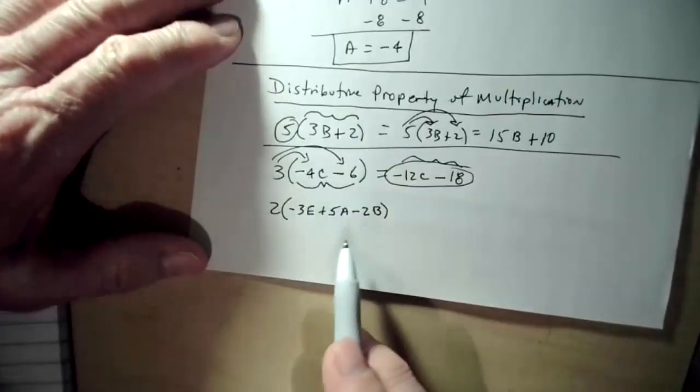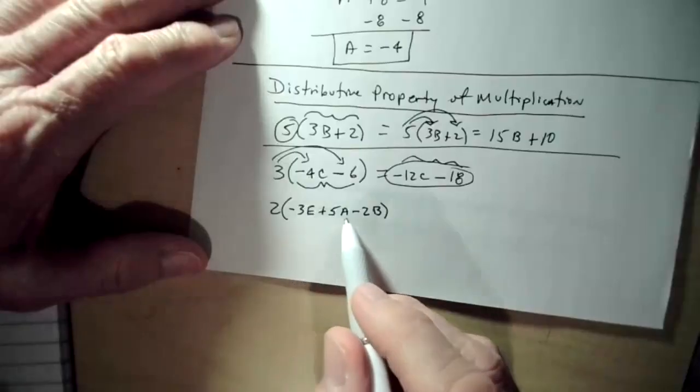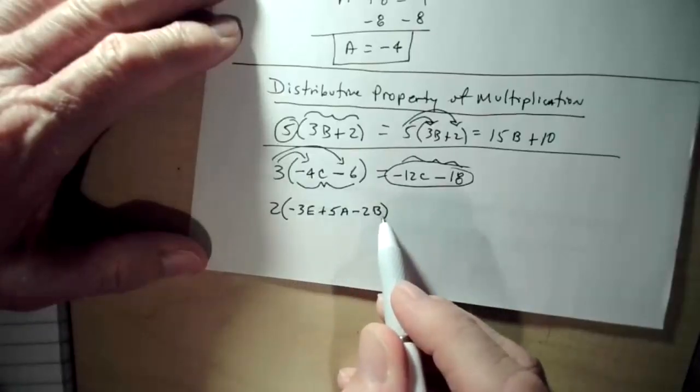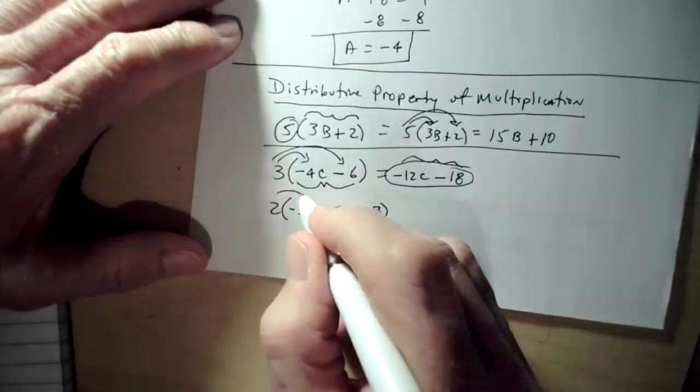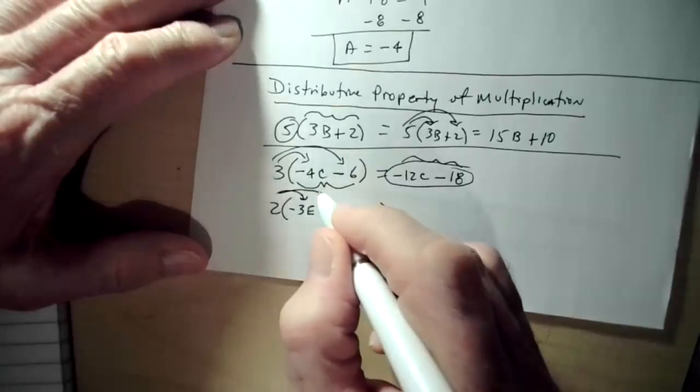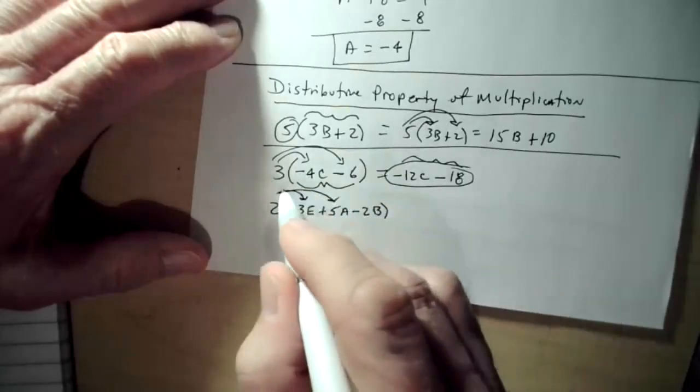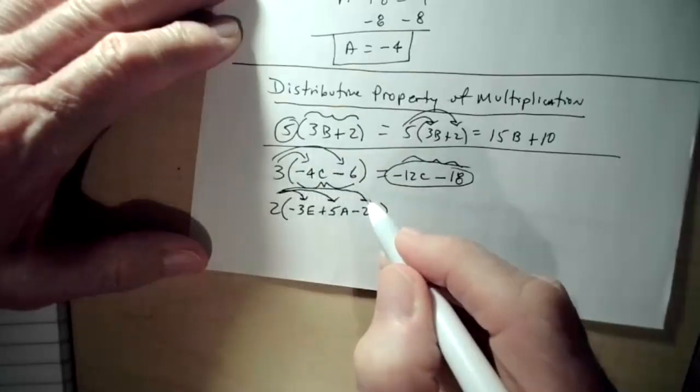Like I told you, these problems, they don't get any more difficult, they just get longer. And that's what we've got going on here. Do we have anything we can do inside the parentheses? No, not like terms. Now we're going to multiply 2 times everything inside here.